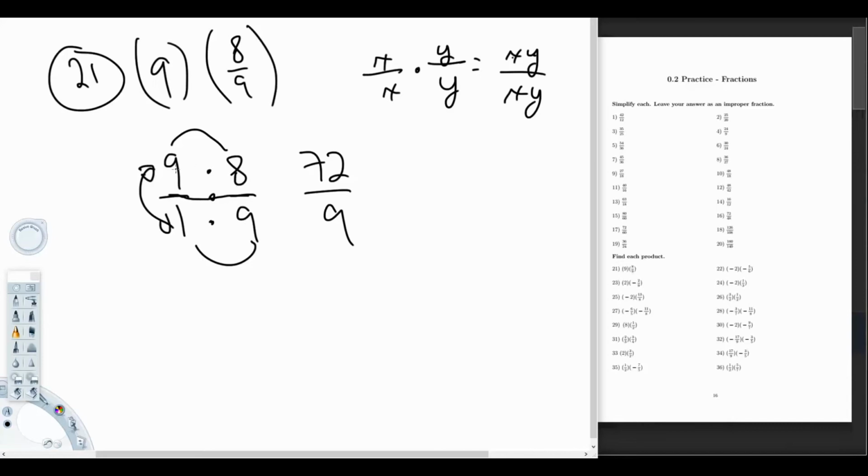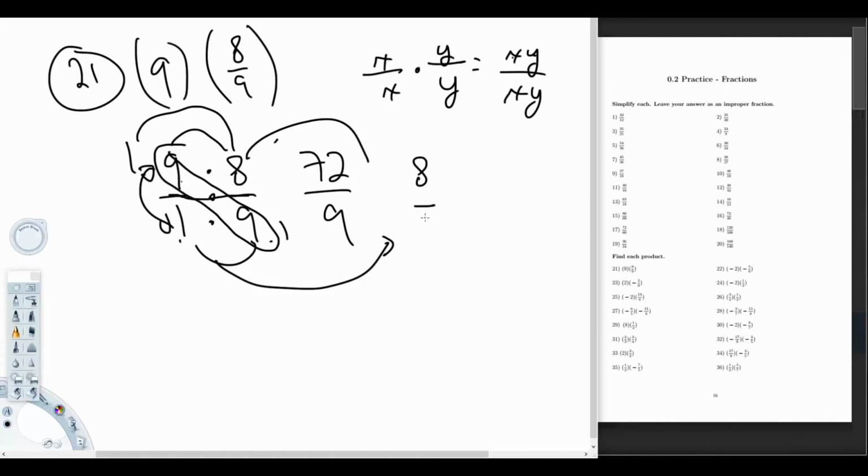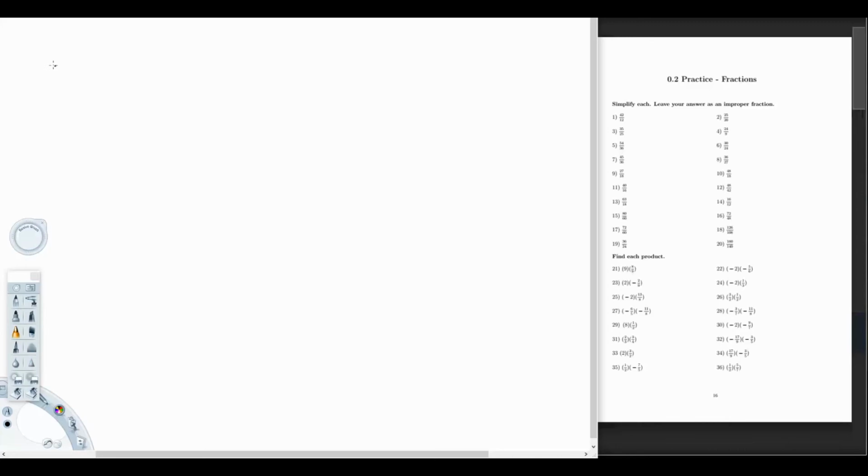Yes, you can. 9 and 9 is really saying like 1 and 1. So 1 times 8 equals 8. 1 times 1 equals 1. So if you were to divide this by 9 and divide this by 9, you'd get that answer. That was number 21.